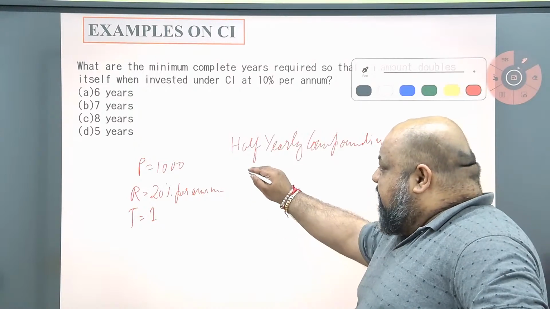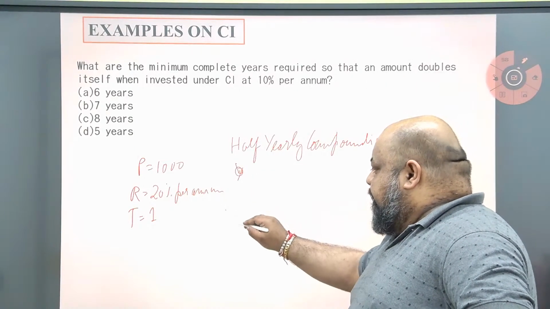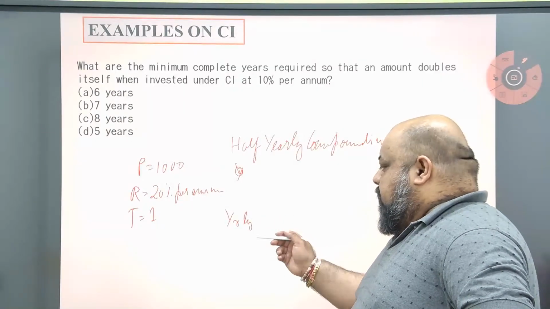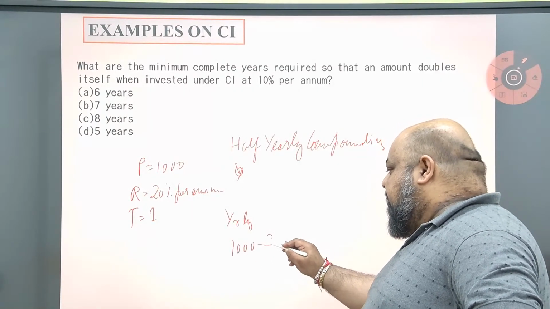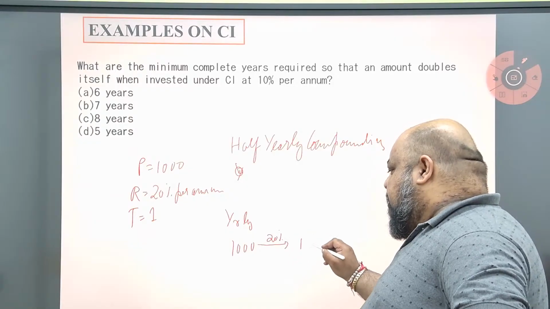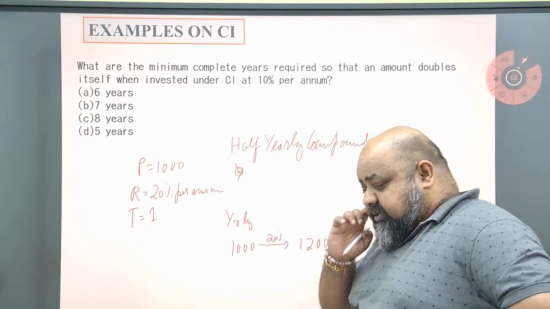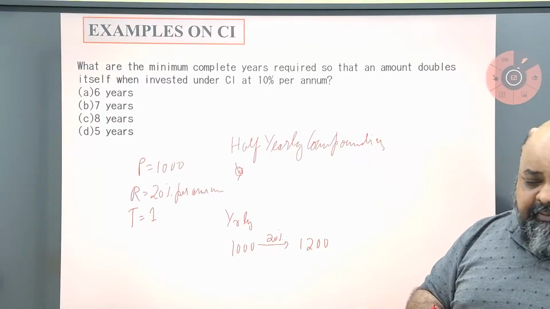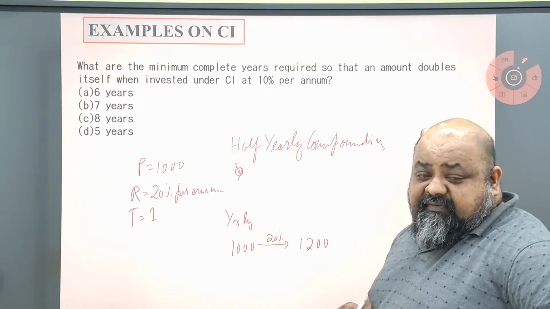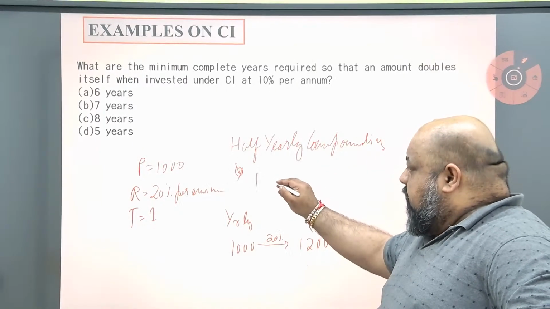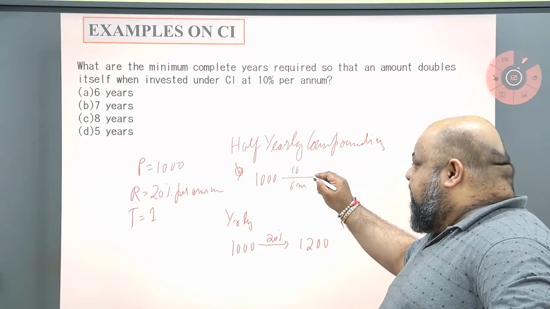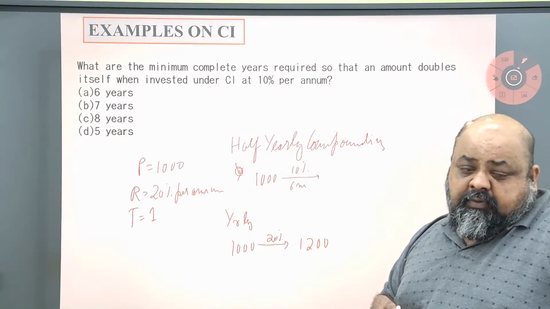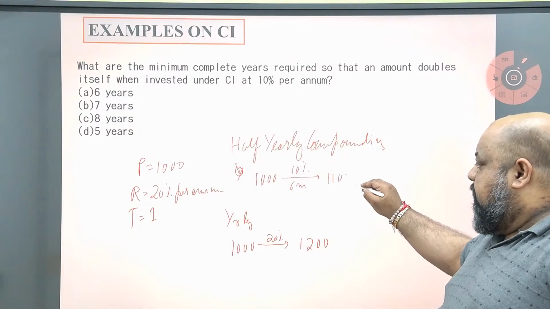If we look at yearly compounding, you will realize that the principal of 1,000 rupees will increase by 20% and become 1,200 rupees. Compound interest of 200. What about half yearly compounding? 1,000 rupees in the first 6 months will increase by 10% only. Will become 1,100.